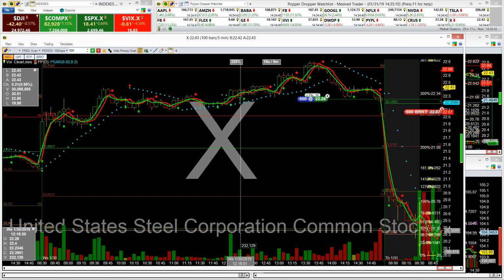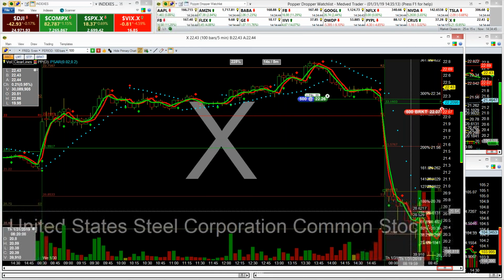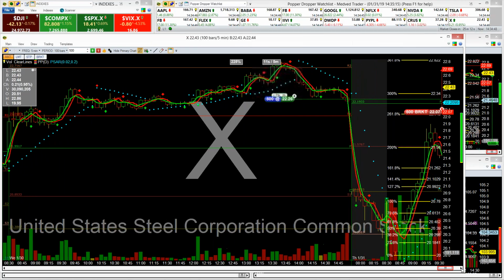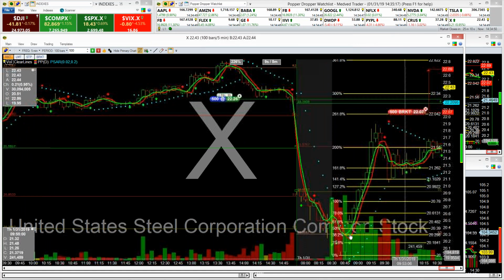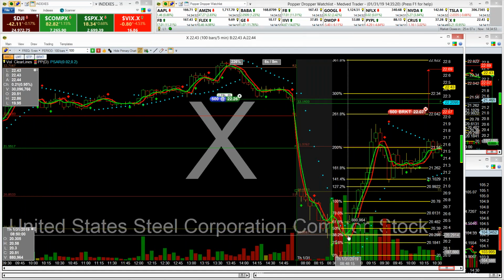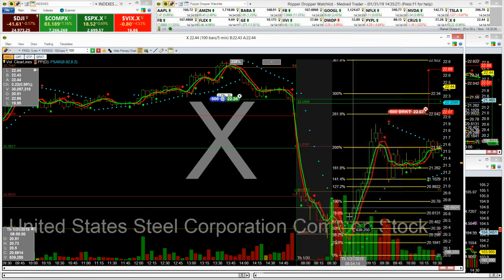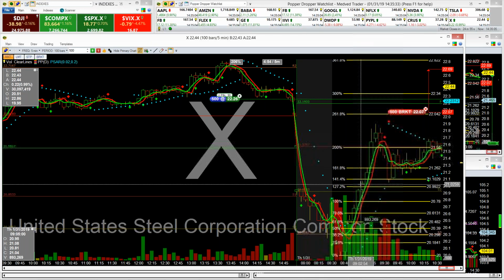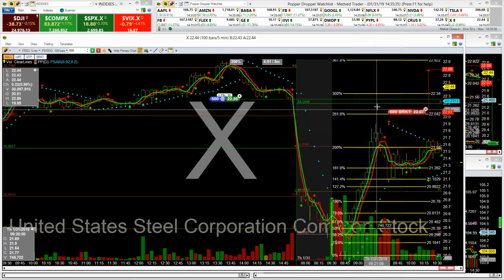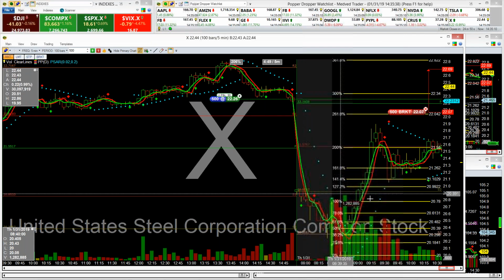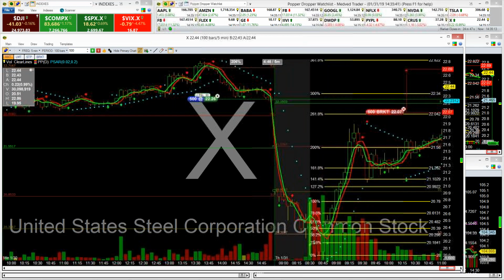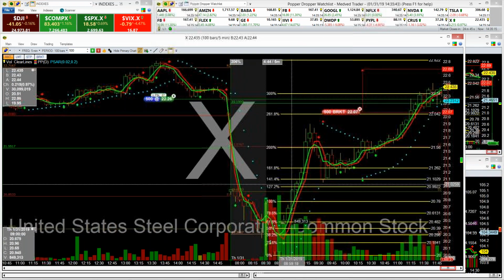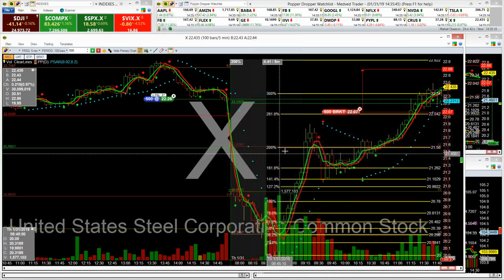The only things we had to guide us at that time were our fib levels and our pivot points. So we knew we had support 1, and we had the pivot point up here. And we had fib levels. Well, we had confluence right here.